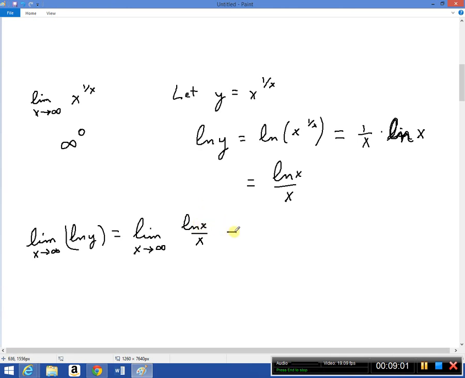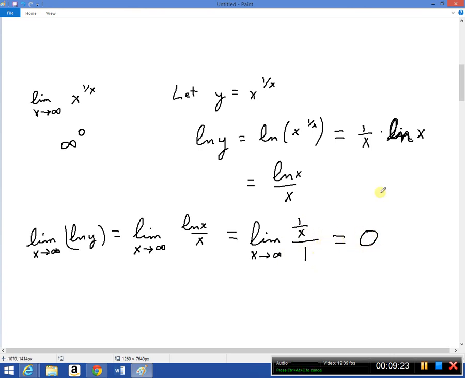But L'Hopital's rule then applies, because this is an infinity over infinity indeterminate form. So we can take the limit by calculating the derivative of the top and the derivative of the bottom. So derivative of log, of course, is 1 over x. Derivative of x is 1. And so now we take the limit of this as x approaches infinity, and that's clearly 0.